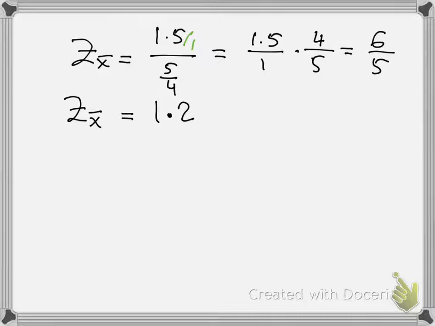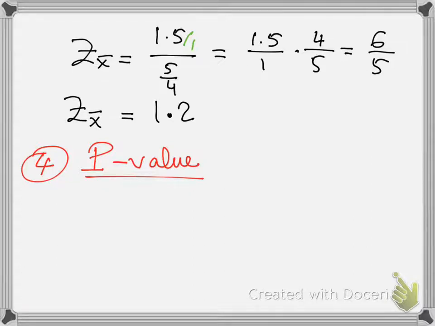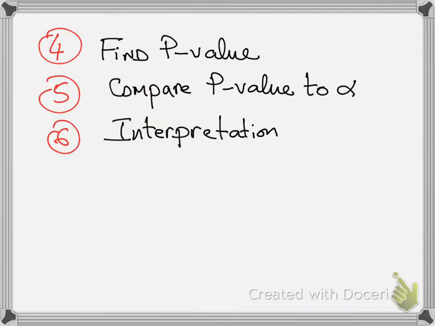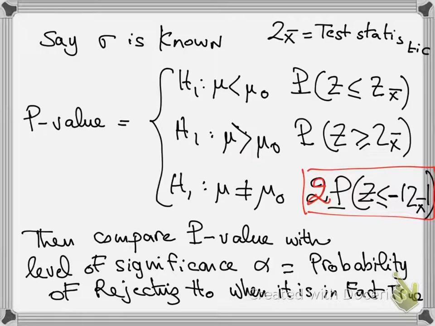Now, next step, we need to compute the p-value. Here we need to check what kind of test we have. Do we have a left tail test, right tail test, or two tail test? Remember guys, how do we compute the p-value? Sigma is known.